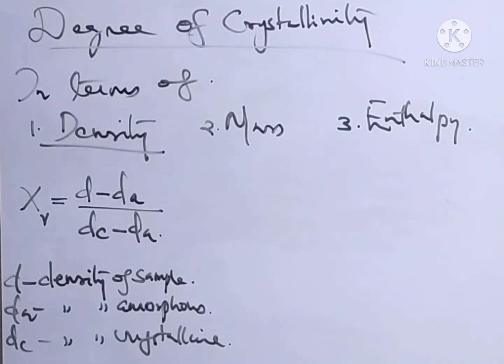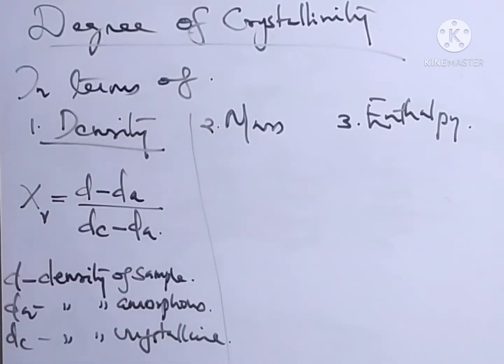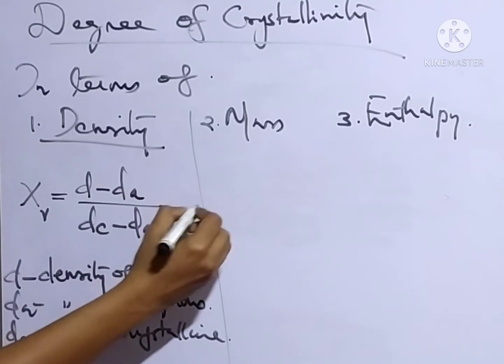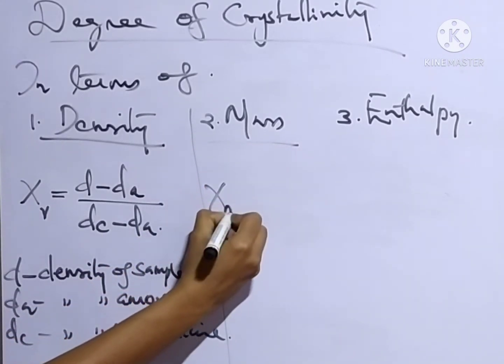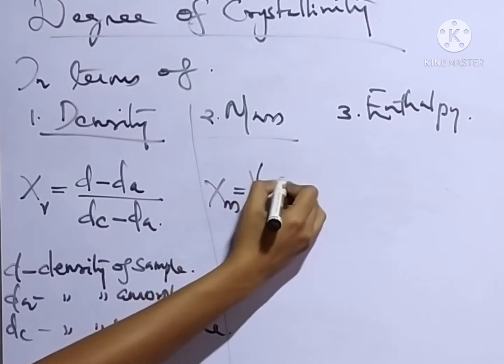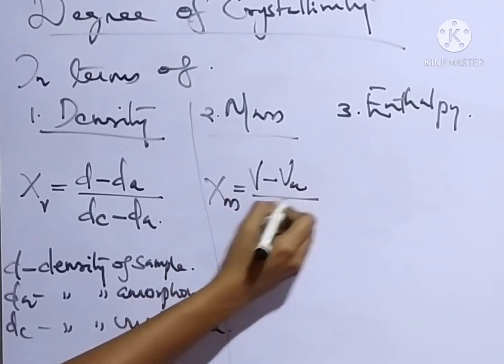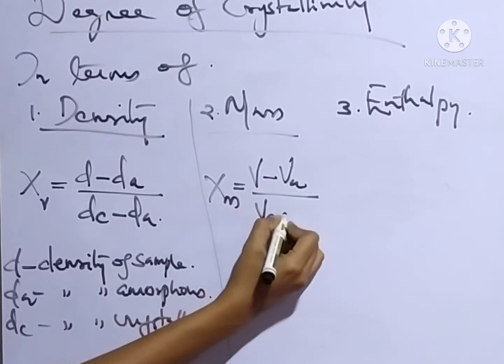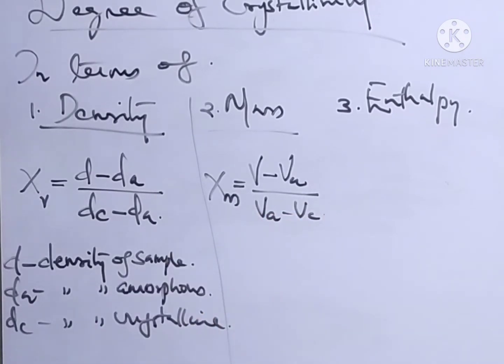Same way, in terms of mass, we can write it as xm equal to V minus VA divided by VC minus VA.